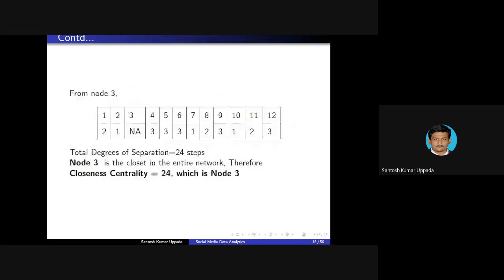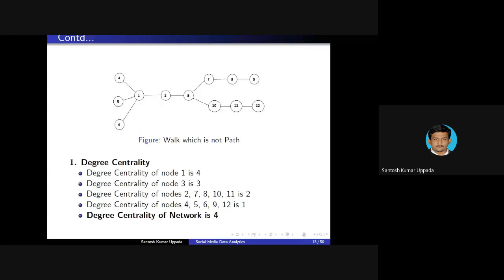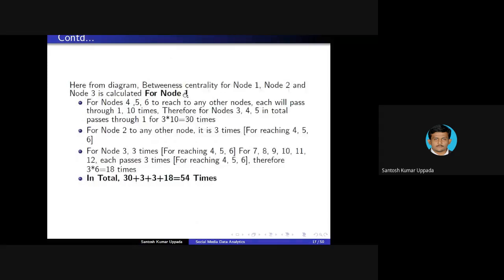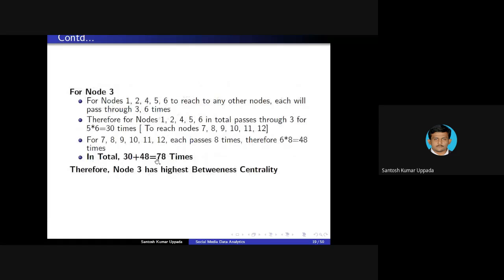Here, in the example that was taken, the betweenness centrality was highest for 3, around 78 times. To reach from one node to every other node in the network, 3 is touched upon at least 78 times.